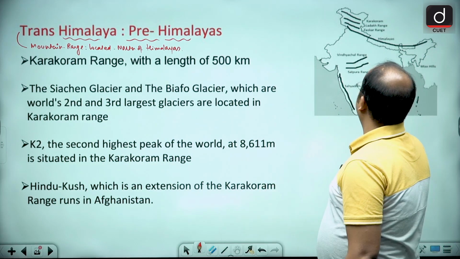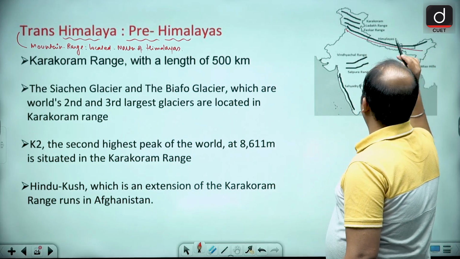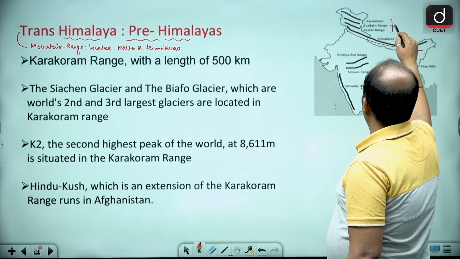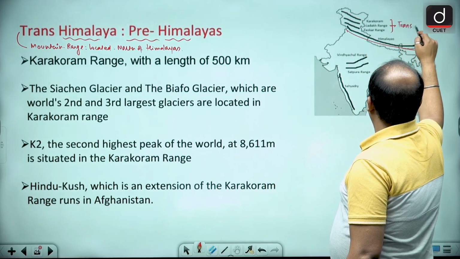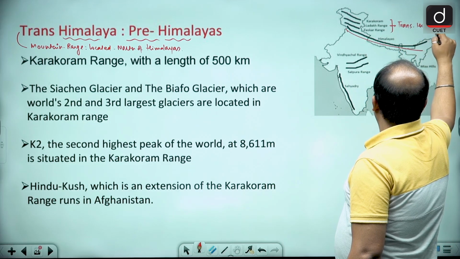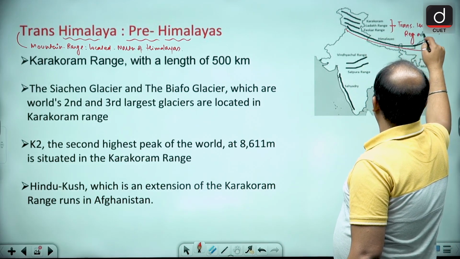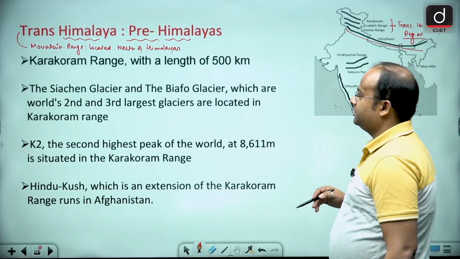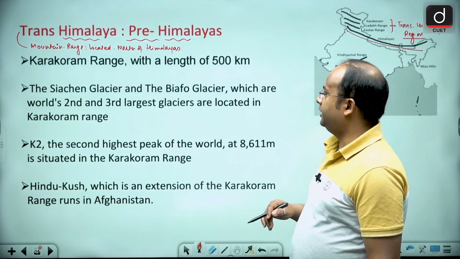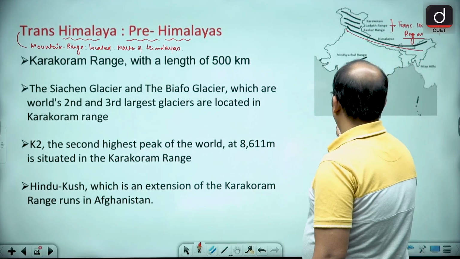So you can see on the map, guys, this is the Himalayan region, and these are the three Trans-Himalayan regions. Which are those?